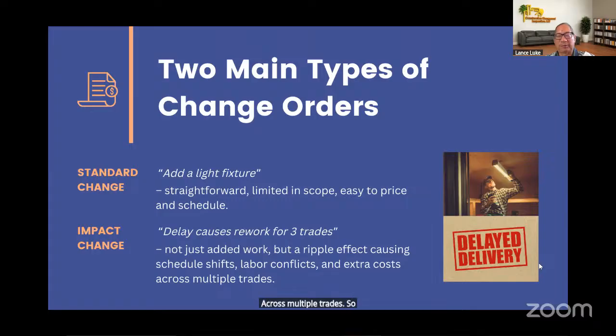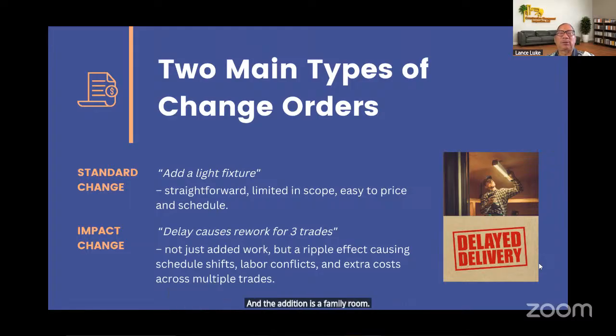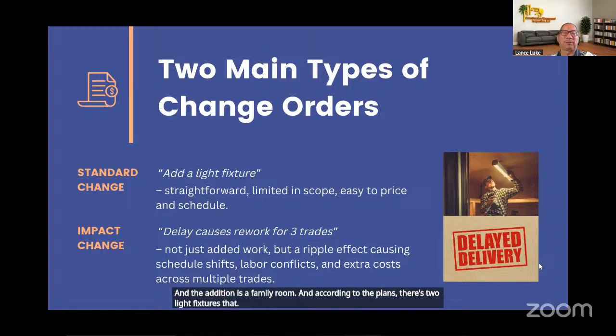So here's an example. So let's say there's an addition being made. The contractor's adding to the main house, and the addition is a family room. And according to the plans, there's 2 light fixtures that would be installed.